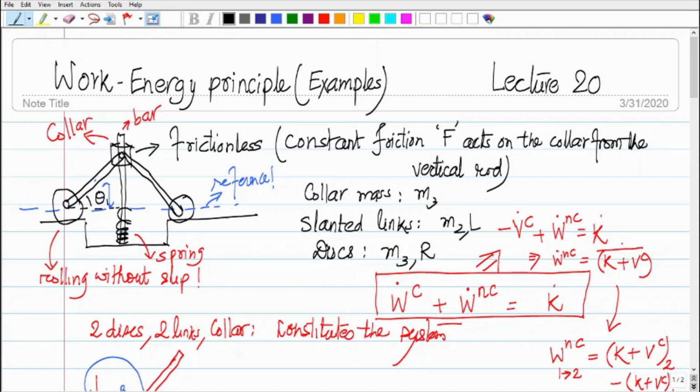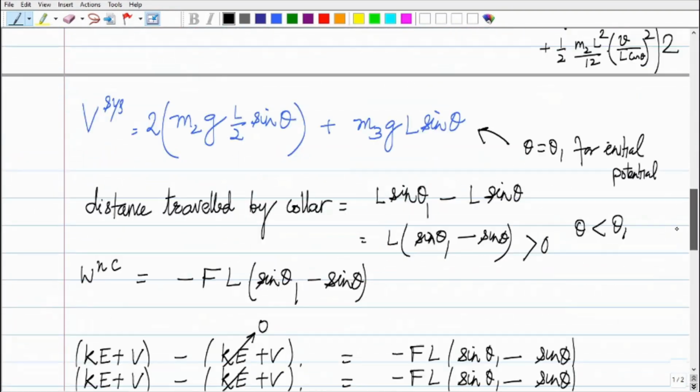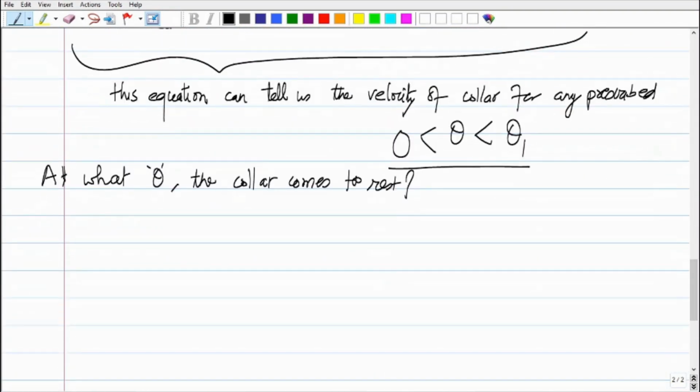So in that final state, suppose the angle is some theta, but the negative theta, how much will be the work done by the spring on the system? Work done by the spring is simply half kx square, right? Where x is the compression of the spring. So we are looking for a negative value of theta, right?